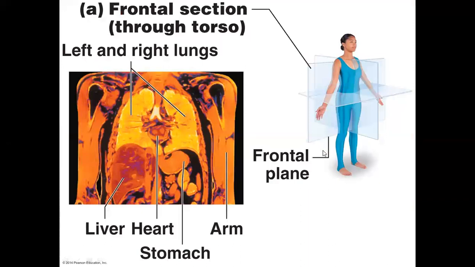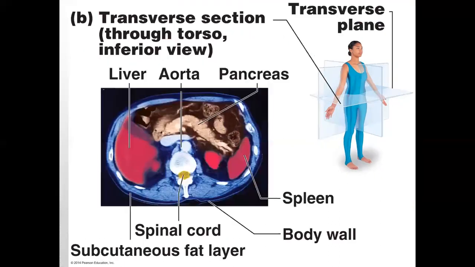Okay, so we have planes now. We have the frontal plane. This is the frontal plane, which divides the body into anterior and posterior. That means it divides your body into two halves, anterior and posterior. And the transverse section, this is the transverse section.